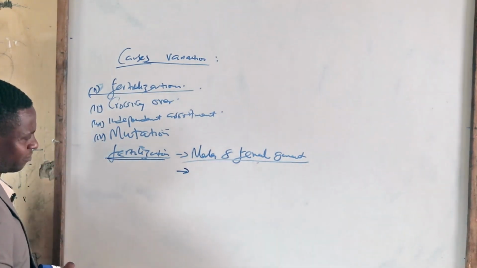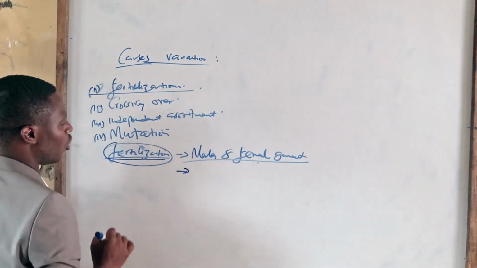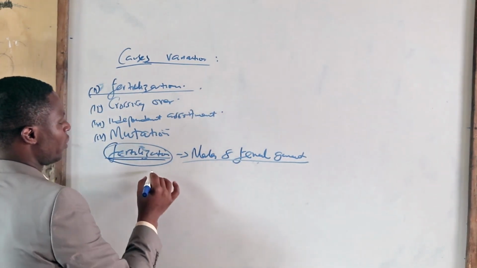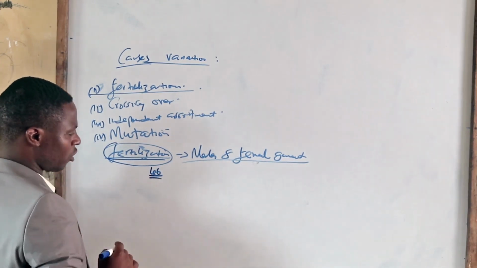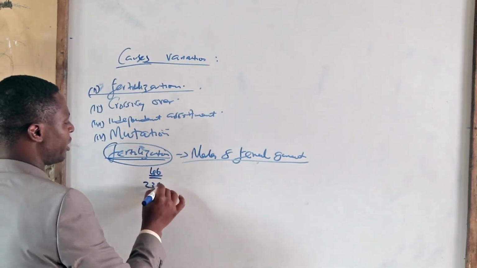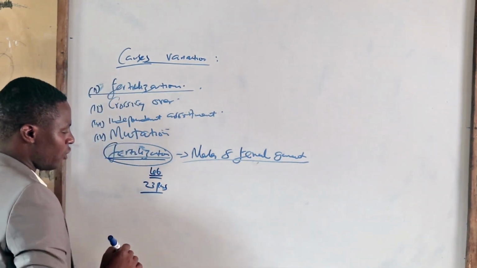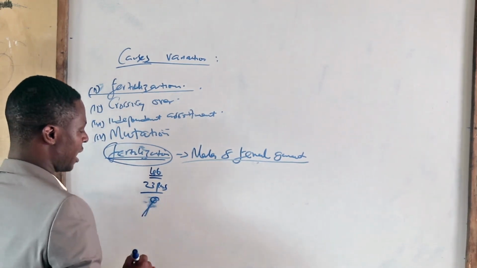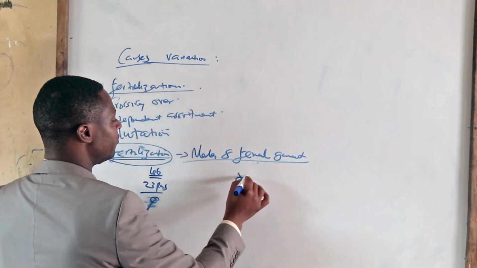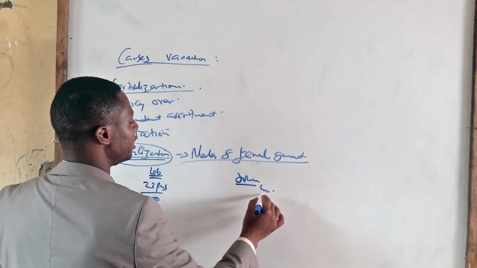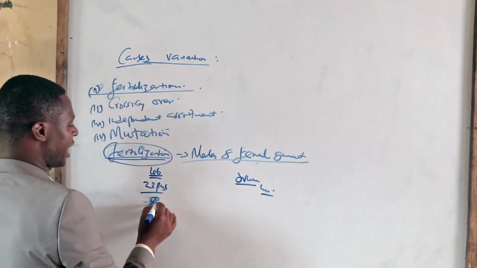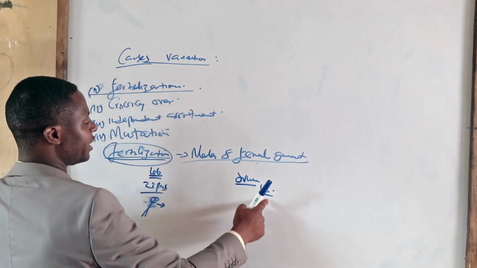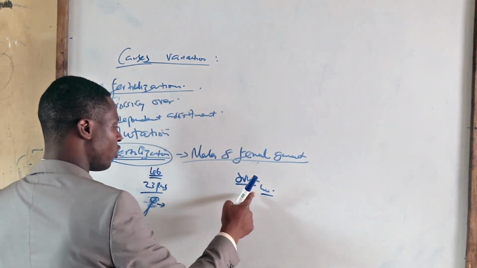Now the question is, how does fertilization cause variation? You understand that in a human being, we have 46 chromosomes, or let's say 23 pairs of chromosomes. A sperm cell is a haploid cell, and an ovum is also a haploid cell. What does that mean? A sperm cell has half the number of chromosomes, and the ovum has half the number of chromosomes.